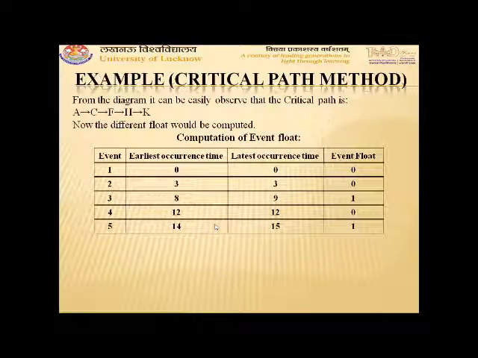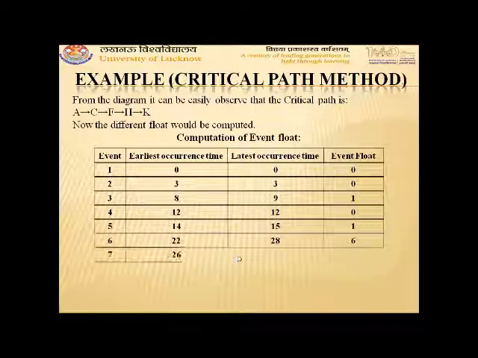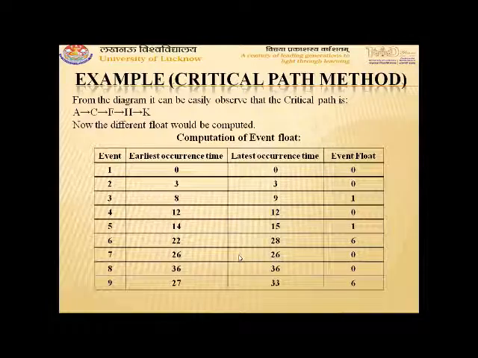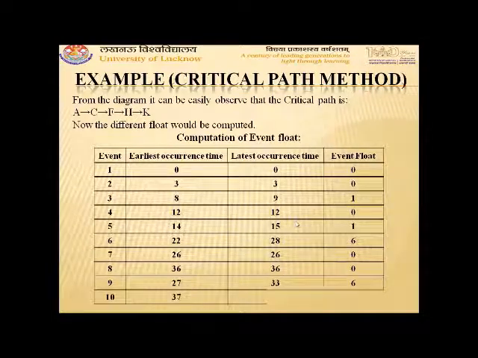For the fifth event, similarly, earliest occurrence time is 14 and latest occurrence time is 15, and the event float is computed as 15 minus 14, which gives 1. Similarly, for all other events we can compute the event float, and we have 10 events.